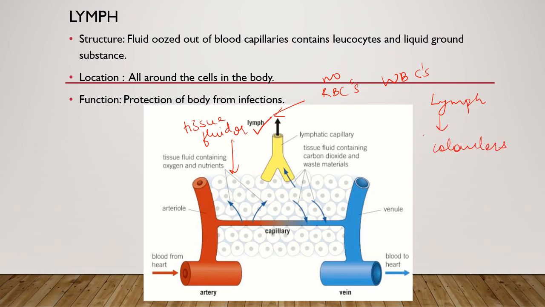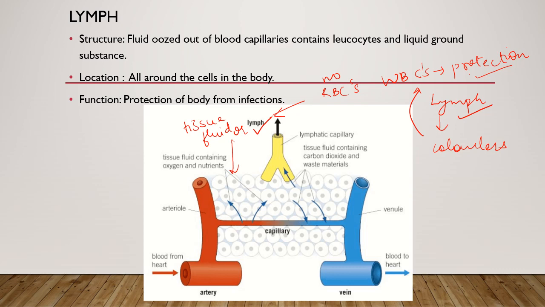And as it has the WBCs, it would help us in protection. Just as your blood is a part of the circulatory system, even your lymph is a part of the circulatory system.